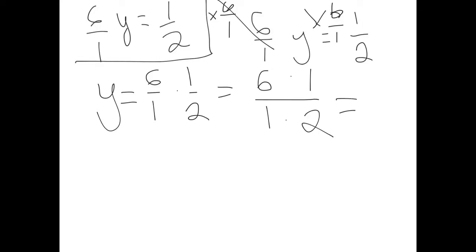So we must divide. We can take 2 out of each number, 3 and 1. 3 times 1 is 3 over 1, which will simplify to 3.